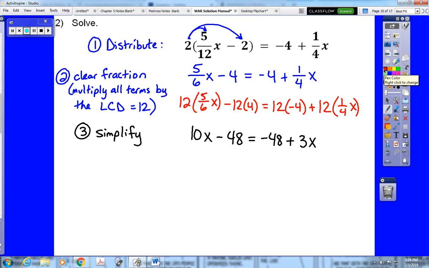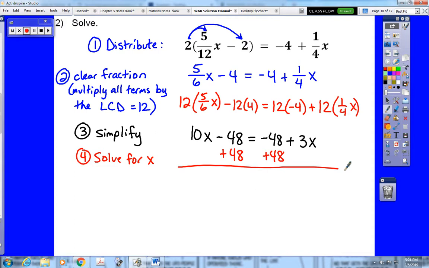Okay, now we're going to solve that for x, which we do by moving the numbers to one side, which would be adding 48 to each side, and moving the x's to the other side by subtracting 3x from each side. Now I know what you're thinking, but doesn't this cancel as well?